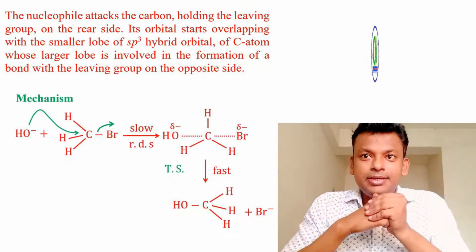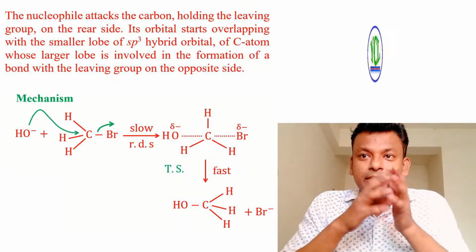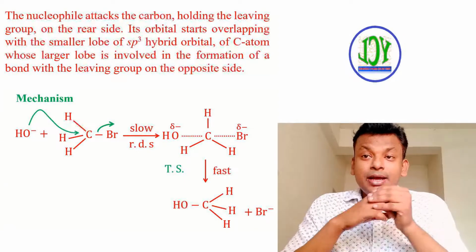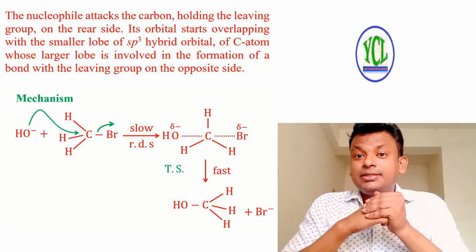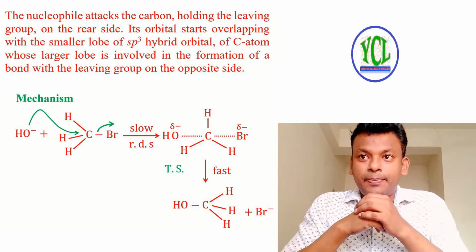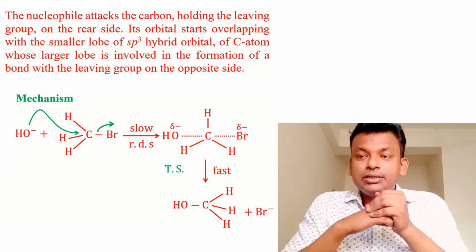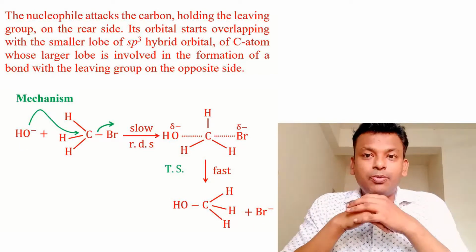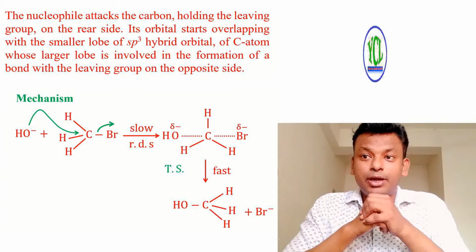And the mechanism is here: OH negative backside attack on CH3Br, and this step is slow and the rate determining step, and transition state is formed, and next forms the inversion product, 100% inversion product.